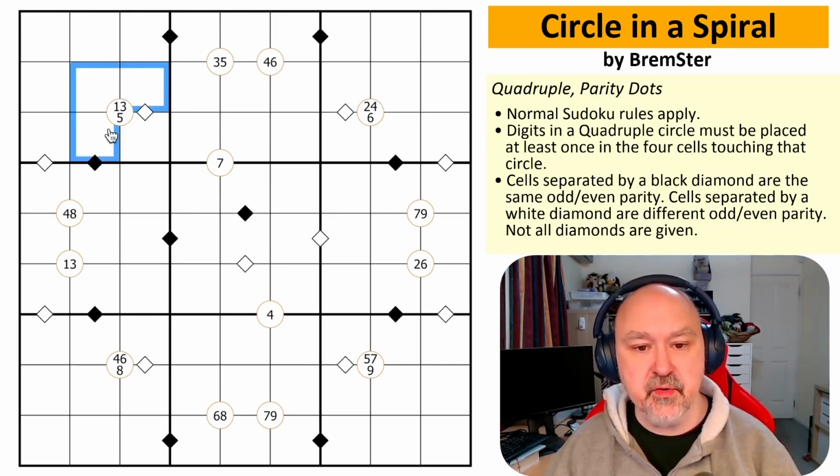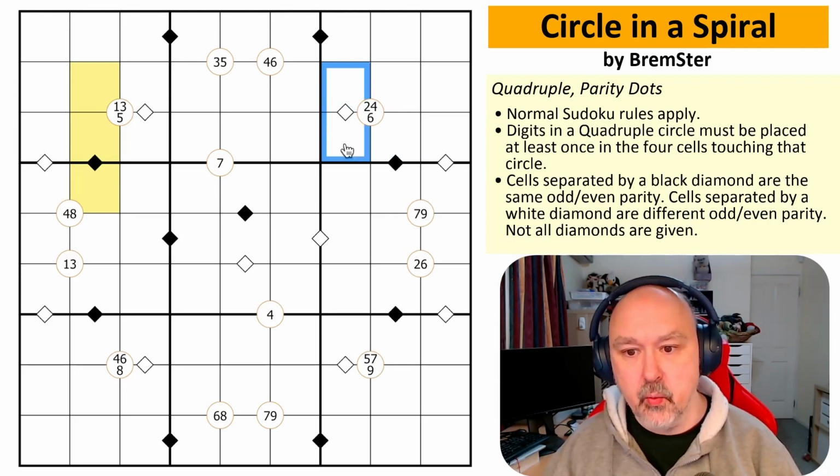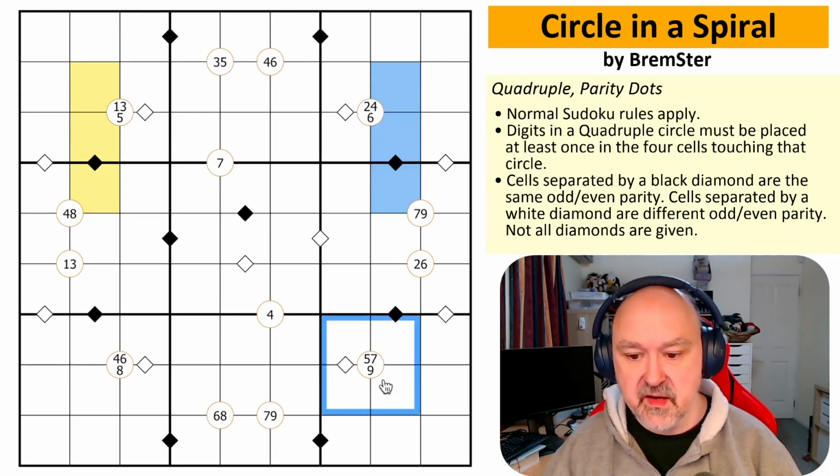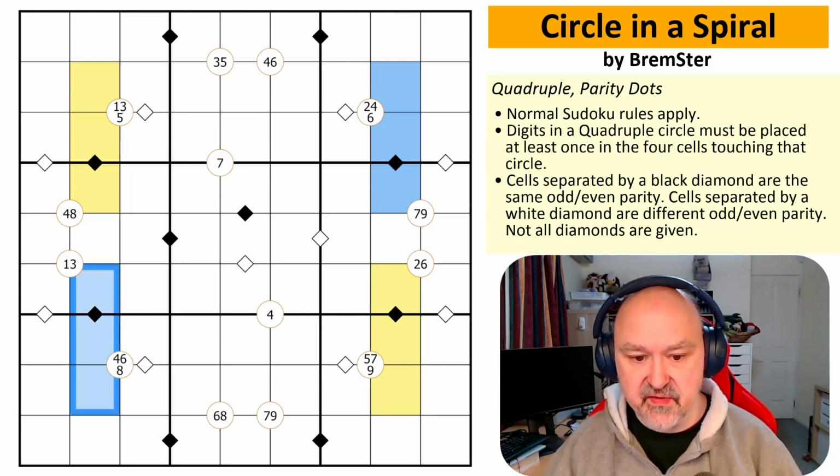Because we need to put 3 odd digits in here, and one of these must be even, those must be odd, and because that must be the same, that must be odd. And we can continue that. 3 of those must be even, 1 of those must be odd, those must be even, and that must be even because that must be the same as that. Down here, we must have 3 odds, 1 of those must be even, so those are odd. 3 of those must be even, 1 of those must be odd, so those are even.